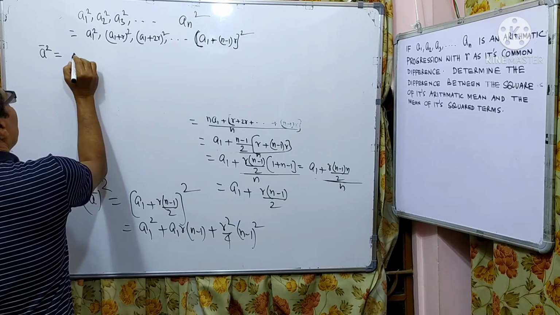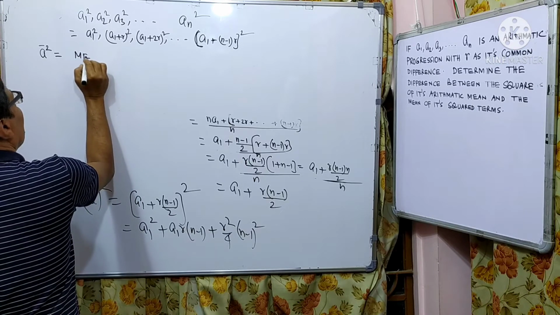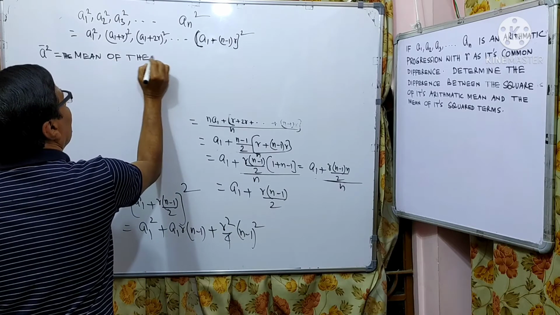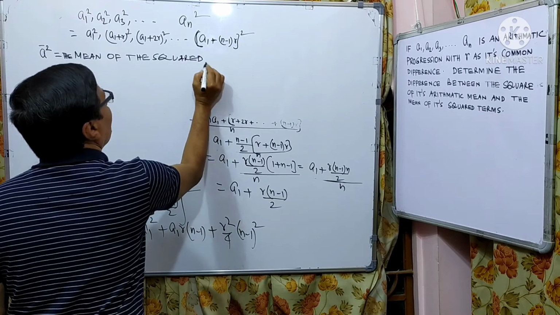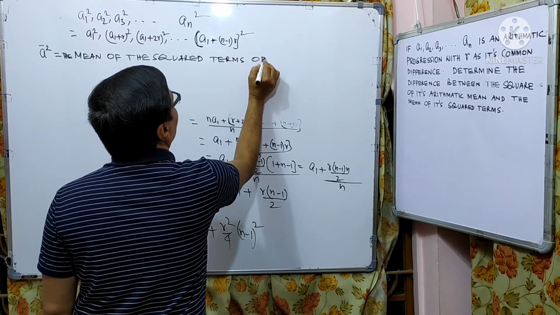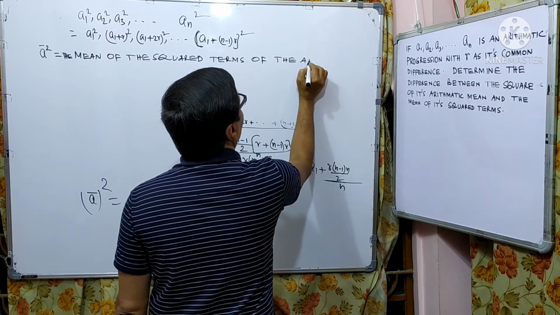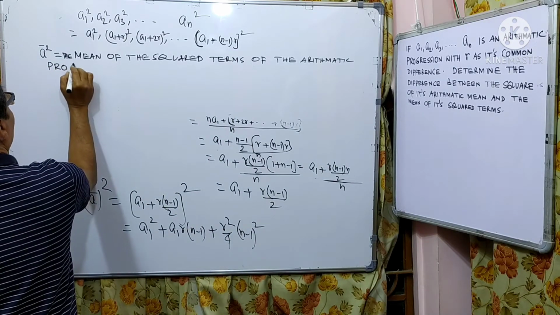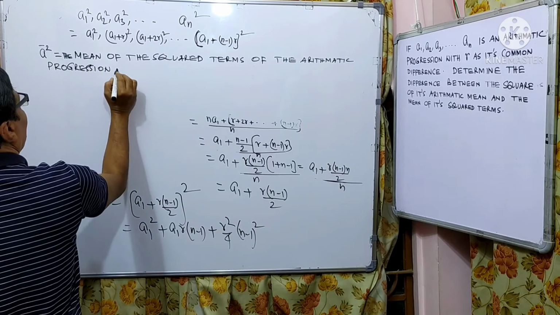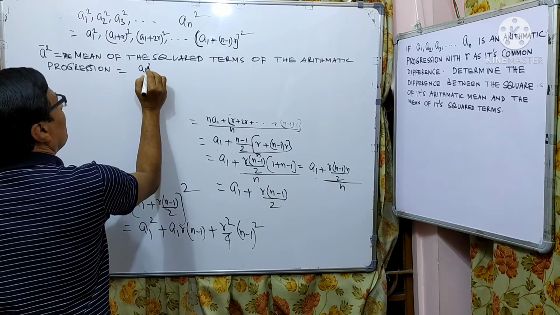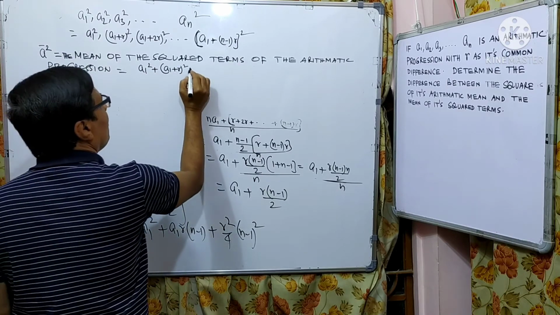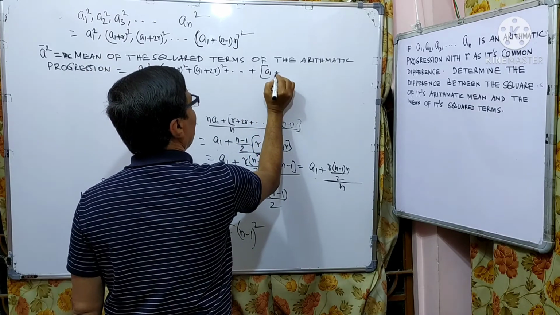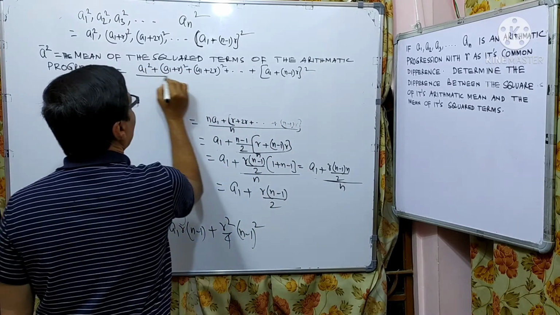This is the mean of the squared terms of the arithmetic progression, which is equal to a1 square plus a1 plus r square plus a1 plus 2r square ... plus a1 plus n minus 1 into r square, over n.